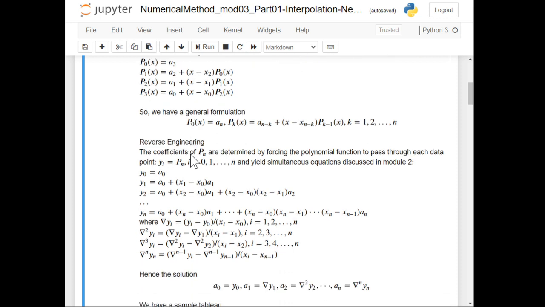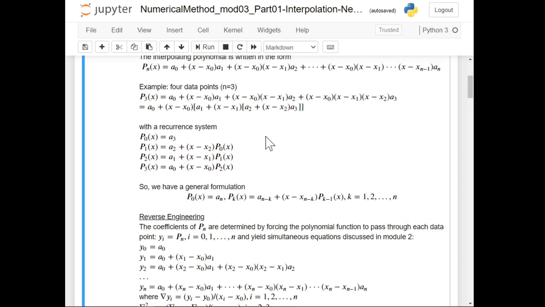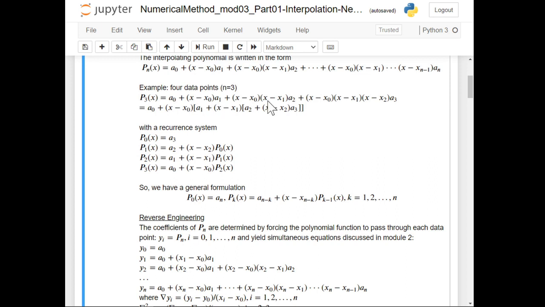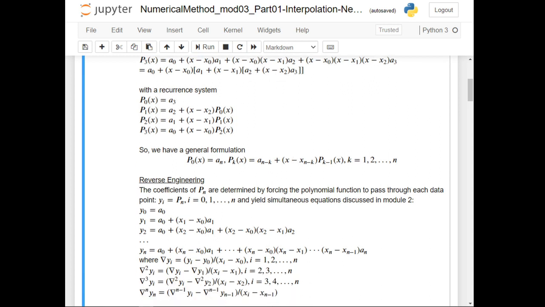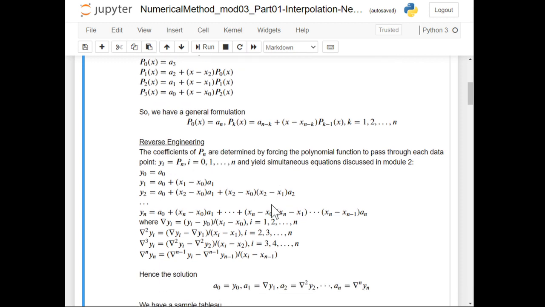Now there's a reverse engineering. We know that in a given problem, we're not given the values of the coefficients. Okay, so we're given points. So the coefficients of Pn are determined by forcing the polynomial function to pass through each data point, and yield simultaneous equations discussed in the previous module.